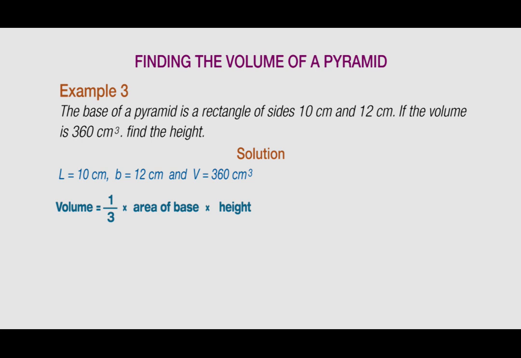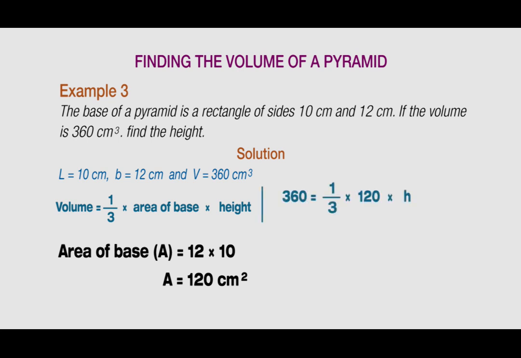Per the information we have been given, our area is 12 times 10, and that gives us 120 centimeters squared. If we substitute into the formula, then we are going to have 360 equals 1 over 3 multiplied by 120 multiplied by the height h.